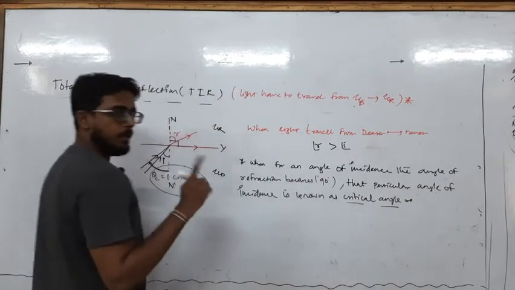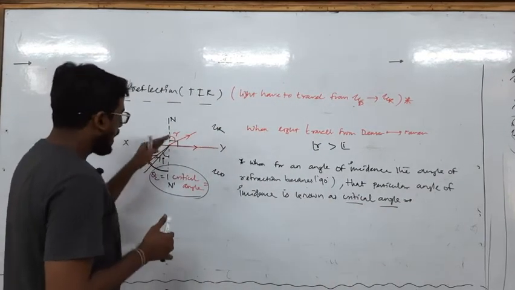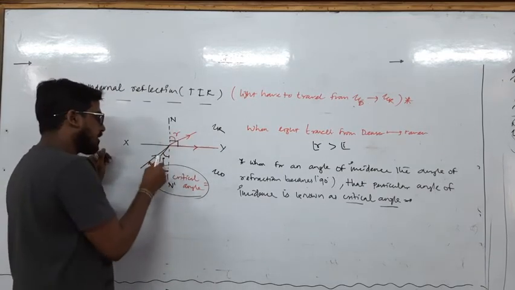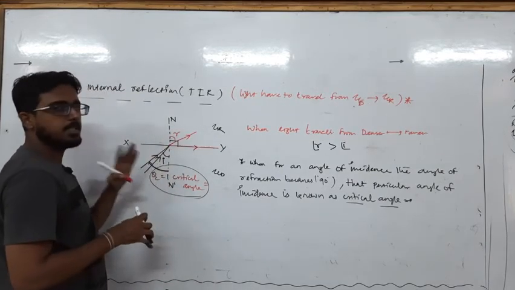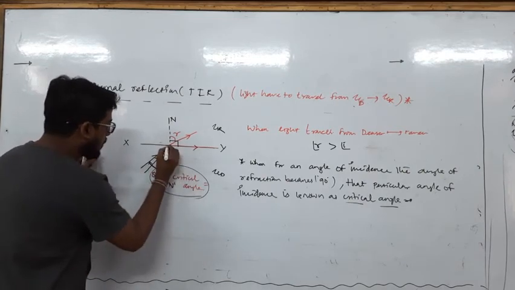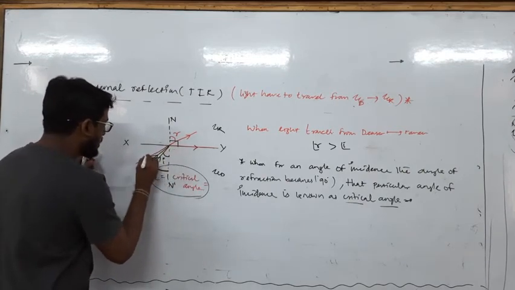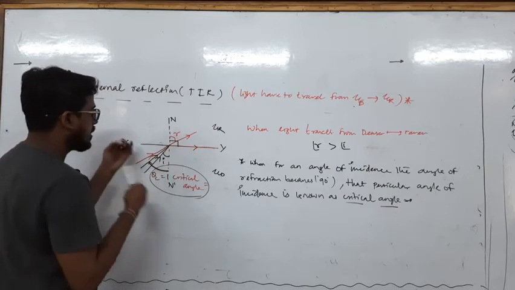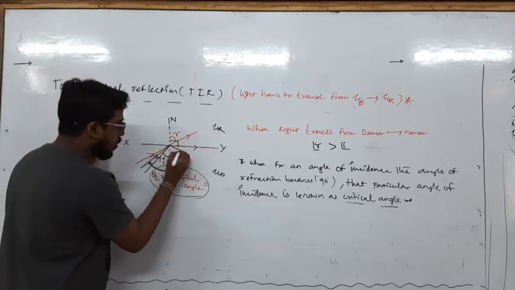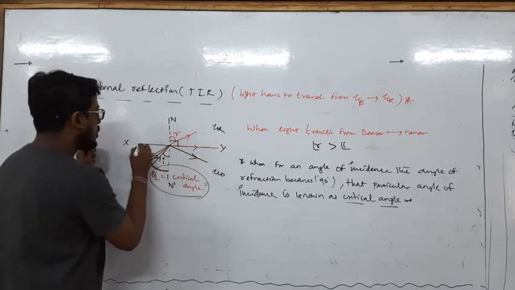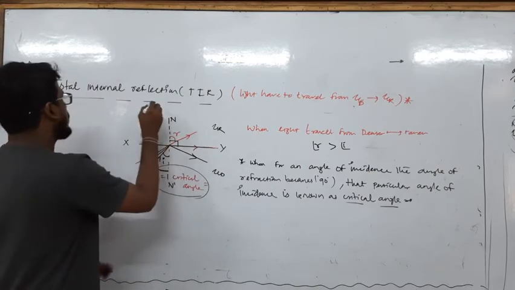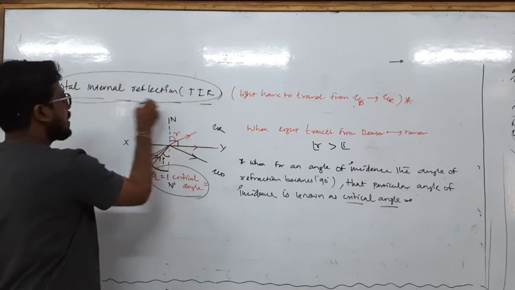When light after refraction goes along the interface, that particular angle of incidence is the critical angle. If I increase the incidence angle more than the critical angle, R will further increase, and the ray comes back to the same medium. The interface behaves as a reflecting surface, and this phenomenon is known as total internal reflection.